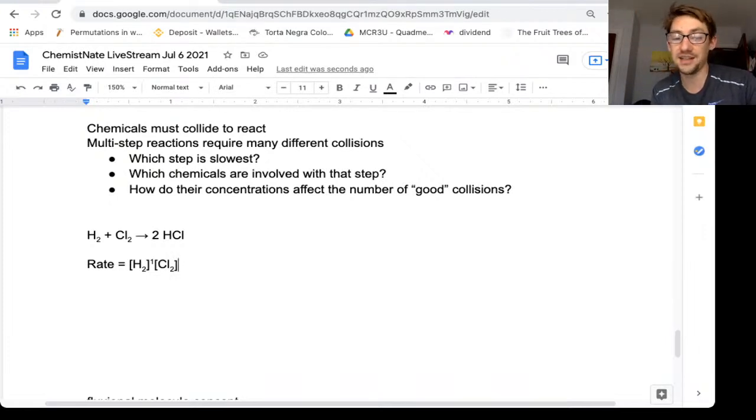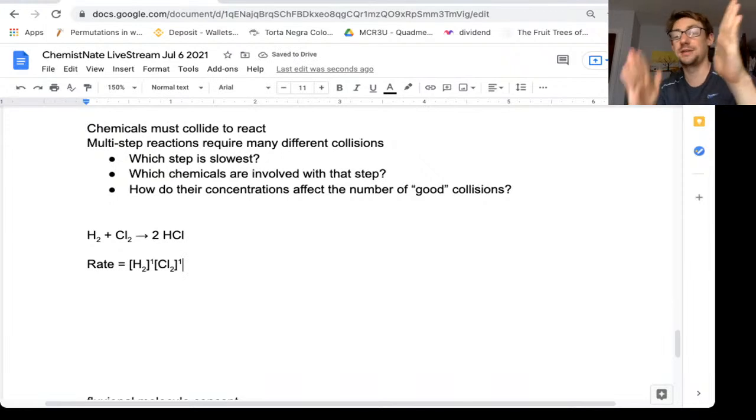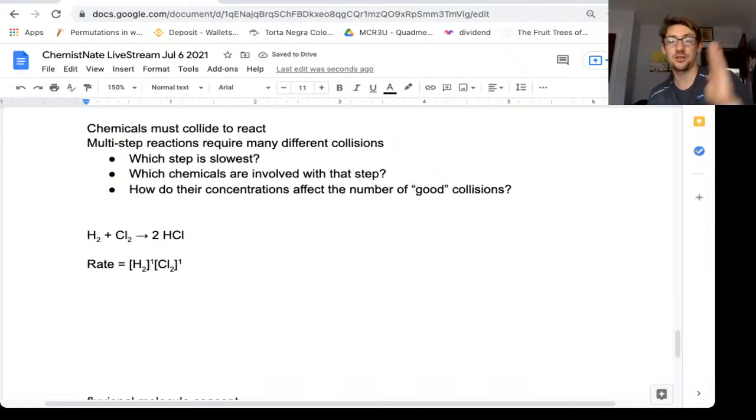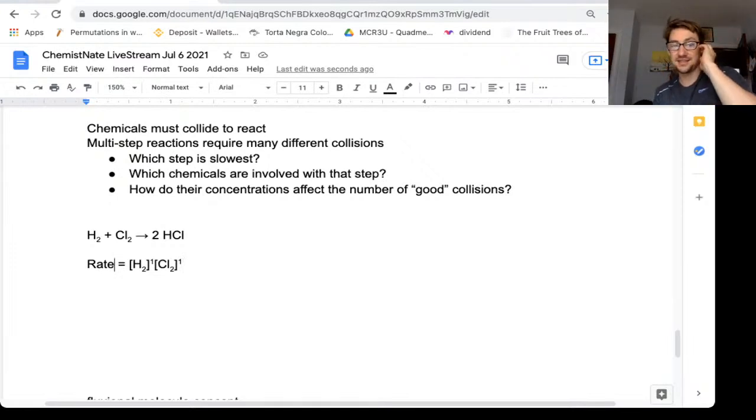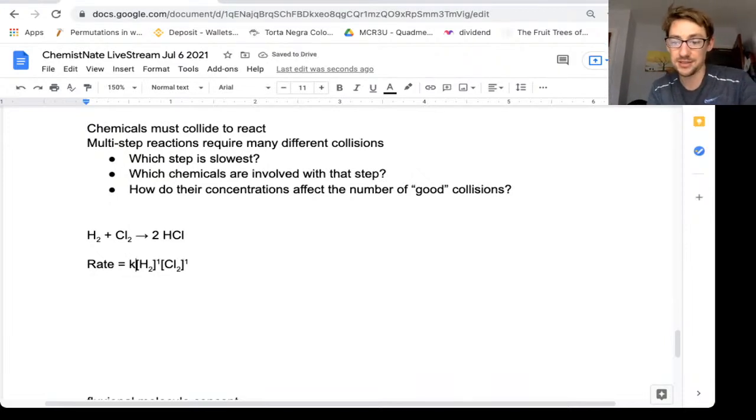You only need one of them in this collision. It's the same for chlorine, and again, we are simply assuming that they collide one on one. Now, rate is measured in something else. It's like moles per liter per second or some other concentration unit per second. We end up having a rate constant to make sure that the units and numbers work out.